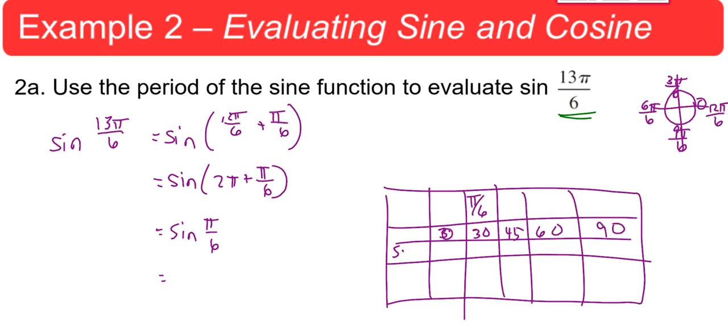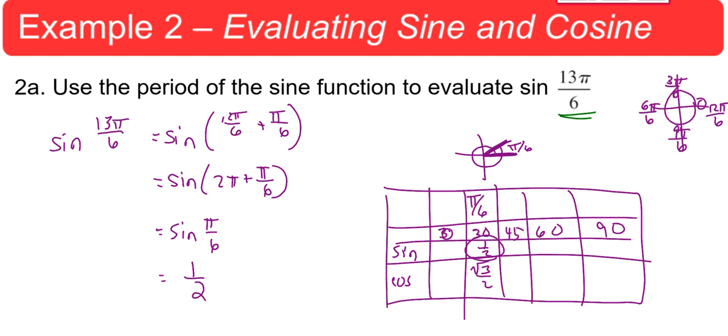Sine, cosine: 0, 1/2, square root of 3 over 2. I need the sine, so that is 1/2. And it's in that first quadrant, because we went 2 pi and then another pi over 6. So our angle is right there at pi over 6. We're going to call that a reference angle as we move on.